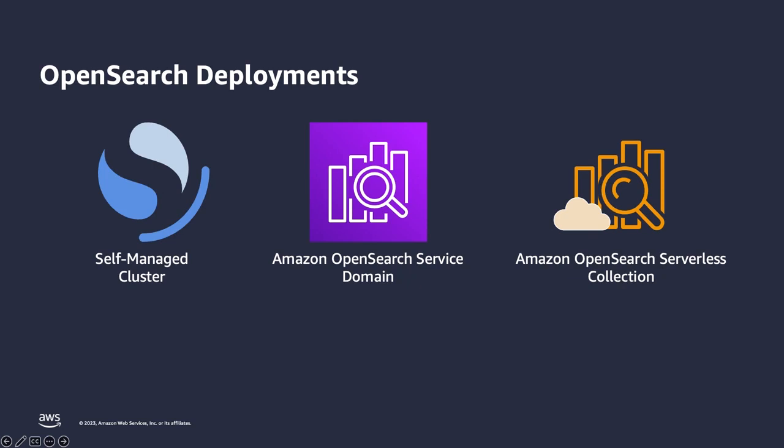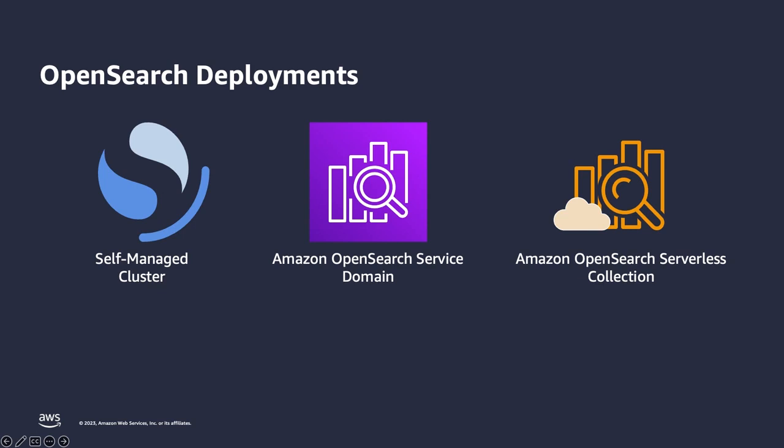Today, you can deploy OpenSearch in 3 different options. You can deploy it as a self-managed cluster running on your EC2 or on top of your Kubernetes cluster. We do maintain a Helm chart for that.